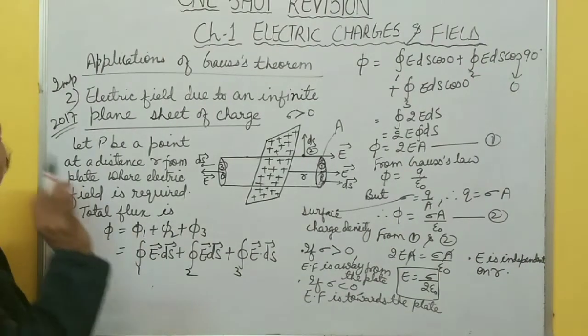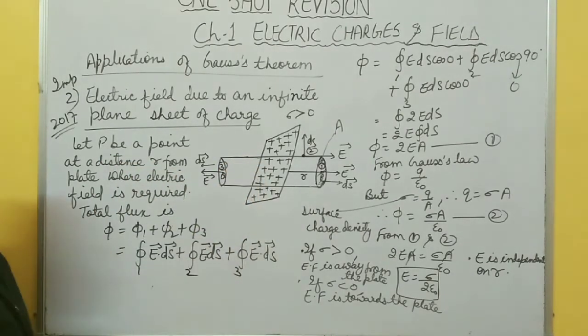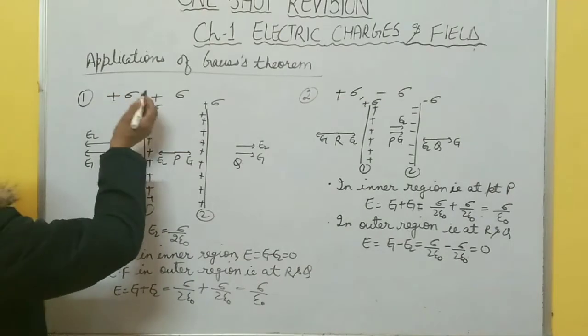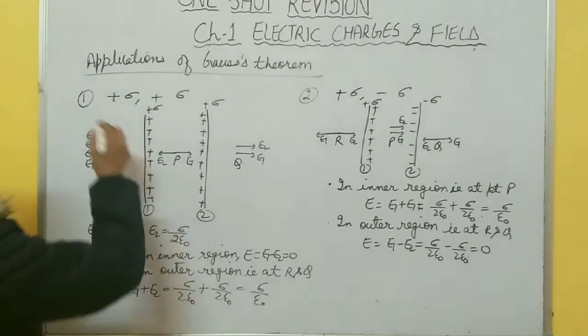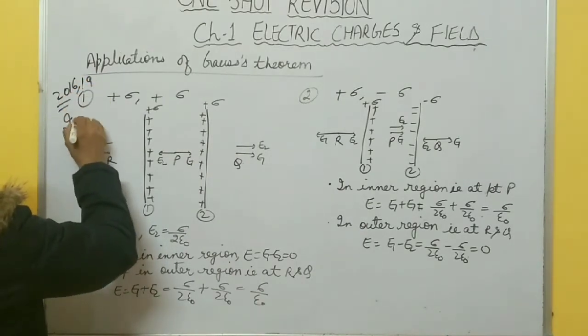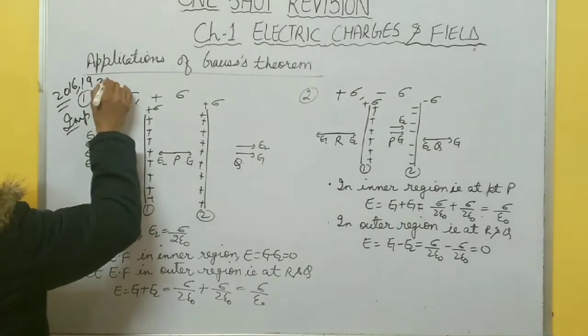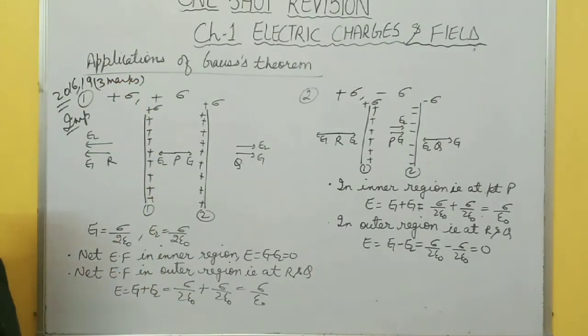Now I am going to solve one numerical based on this second application. Okay, now there is one question. I think it has come in the year 2016 and 19, and this question is also very important for 3 marks, right? Based on that plane charge sheet.